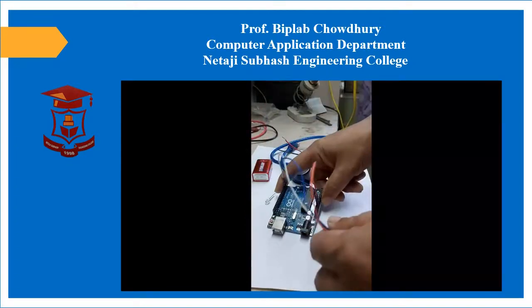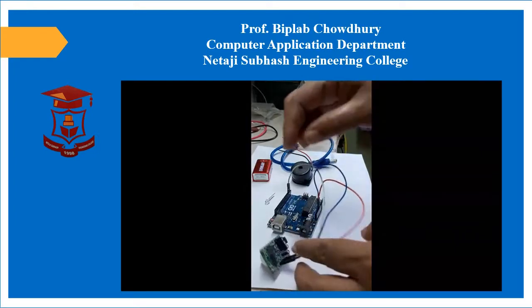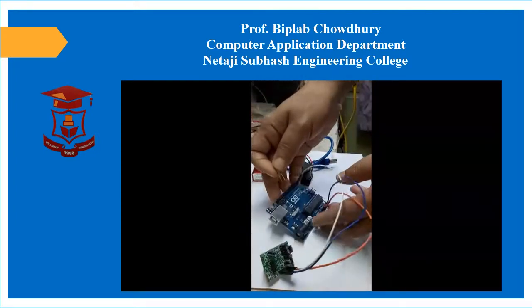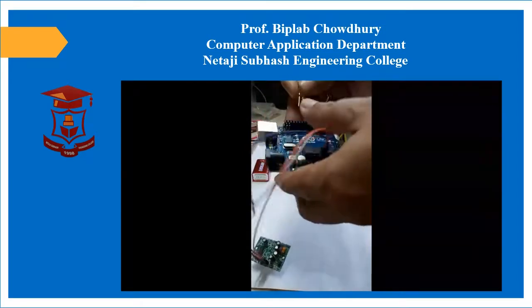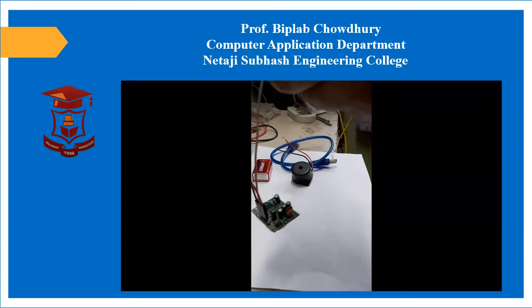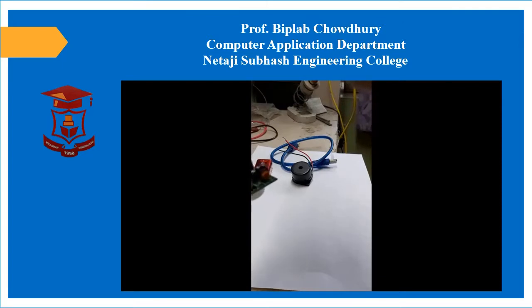Okay. Next part. The output should be shown in the LED. The LED is very important for displaying, for lighting up. So connect the LED with pin 13 and ground.